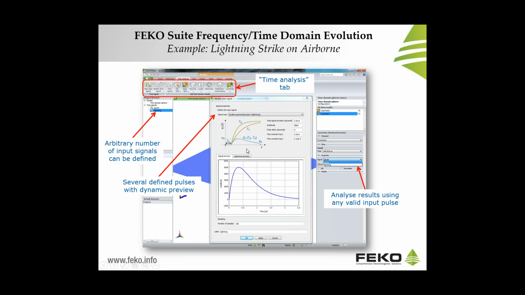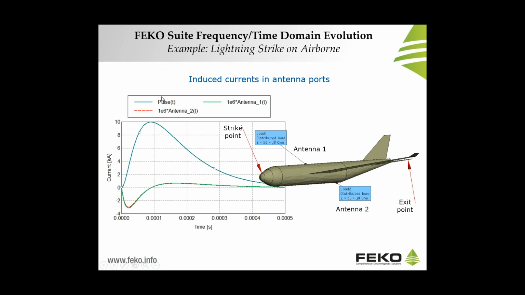And then FEKO calculates and gives us the induced currents at the antenna port, which is what you have in this other slide. You have the original pulse in blue, and you have in green and red the currents versus time at the antenna ports which are loaded.